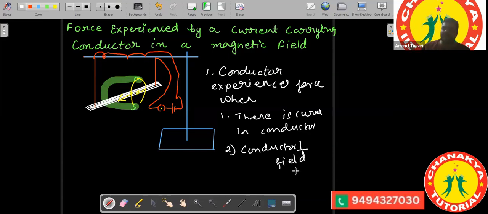If you place the conductor parallel to the field, there will not be any force experienced. If you place the conductor something like this along the north-south, it would not experience any force.